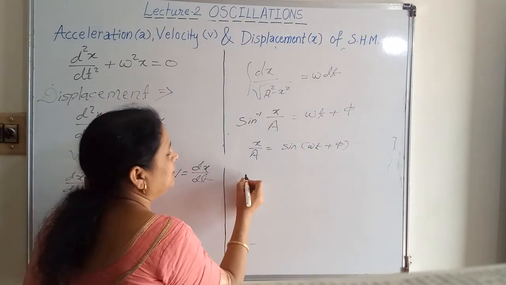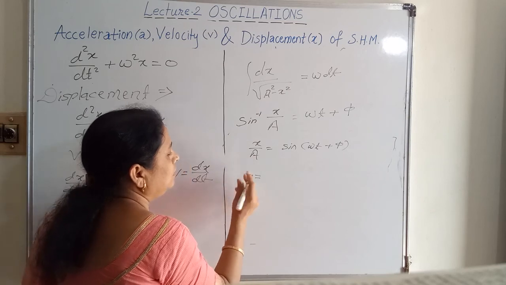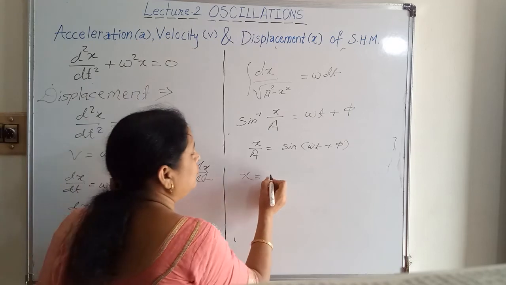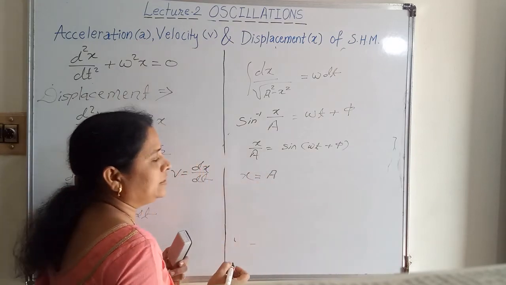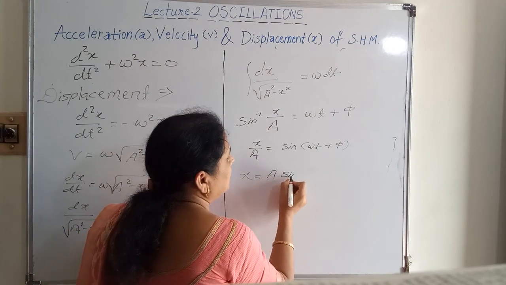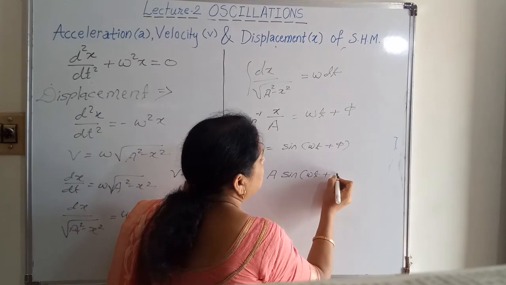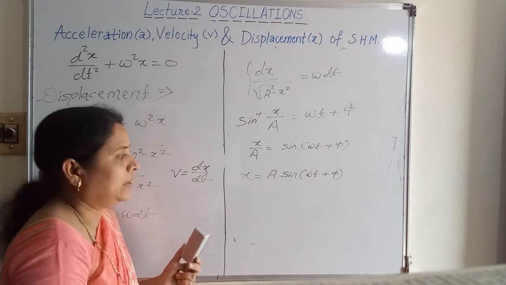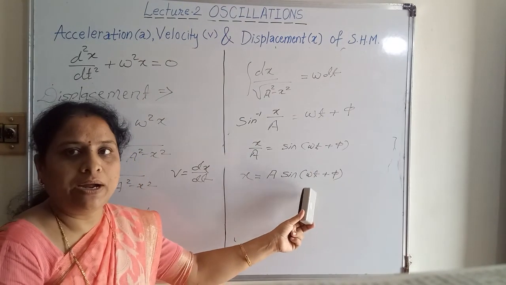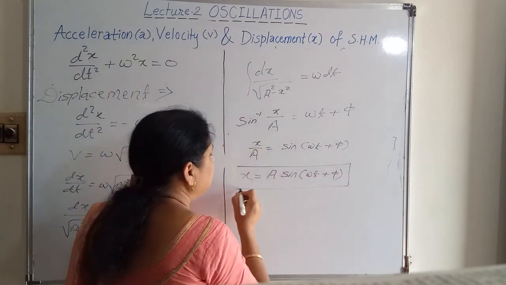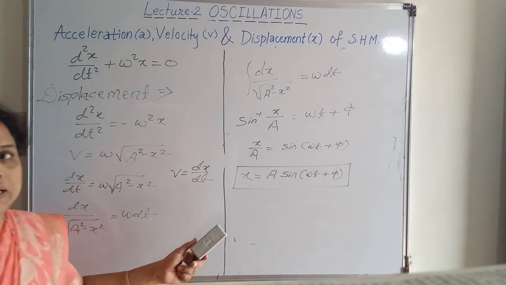Now this equation can be written as x is equal to, where x is our displacement and A is the amplitude of SHM, A into sine of omega t plus phi. x is equal to A sine omega t plus phi. This is our equation for displacement in SHM.